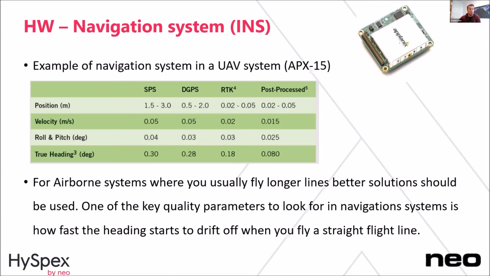So it's important that you have a system that matches your platform and your needs when it comes to the navigation system. And it's always a matter of price, right? You have some very high-end systems that cost 200,000 euros that can use the rotation of the Earth to calibrate, while some need movement of the platform.